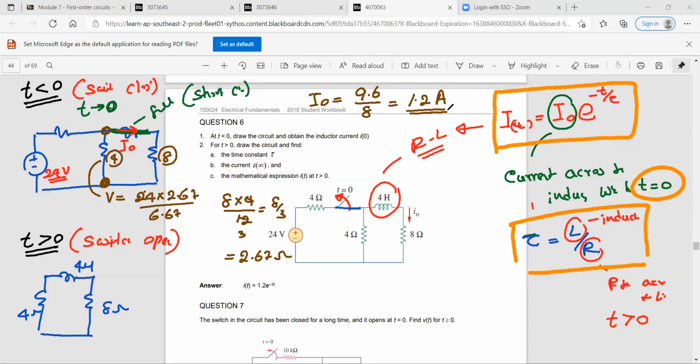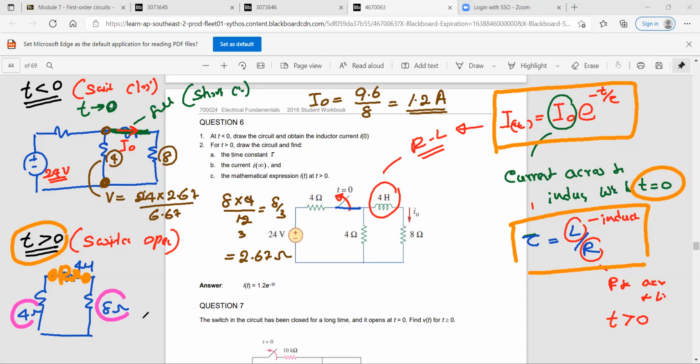Yeah, that's good. Okay, now we found the I naught. We need to find the resistance. When we need to find the resistance, we look at the circuit where the time is more than 0. You look at the circuit and you find the resistance across the inductor. This is the inductor. So if you find the open circuit resistance across the inductor, you look at this, 4 and 8 are in series.